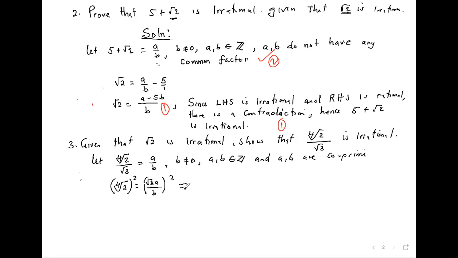From the fourth root, you now have the square root, because 2 has gone, is equal to 3a squared over b squared. But we are told that √2 is irrational here, which is a contradiction.